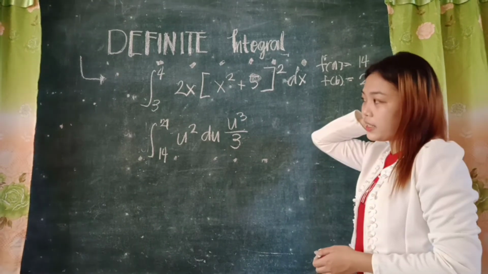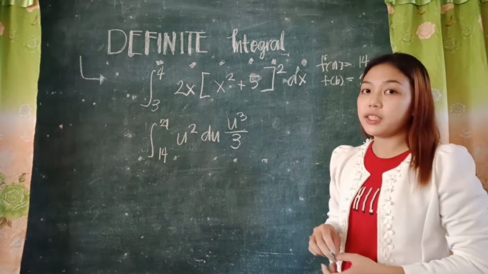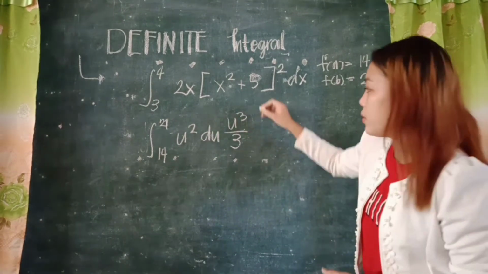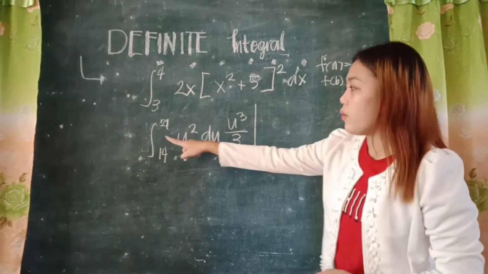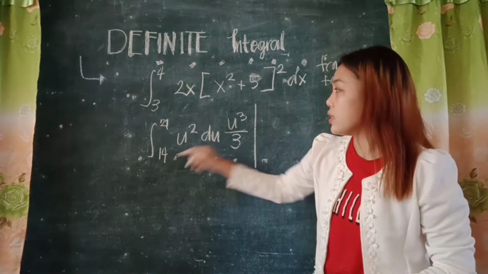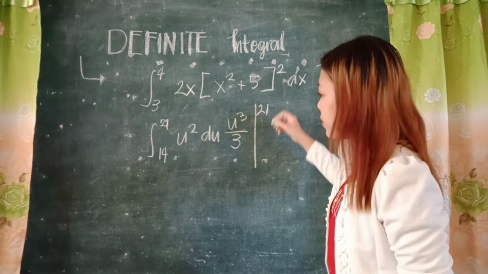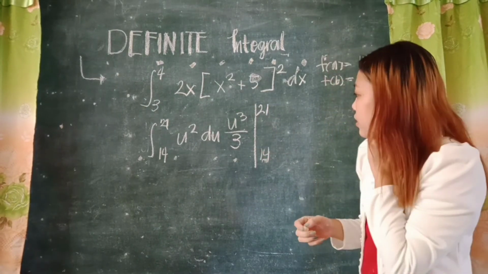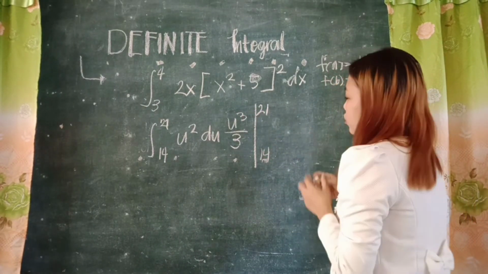To find the final area for the definite integral, we substitute u with the upper limit 21 and the lower limit 14.